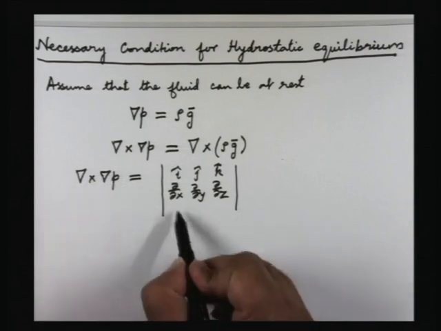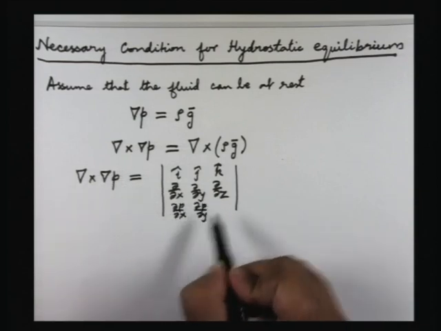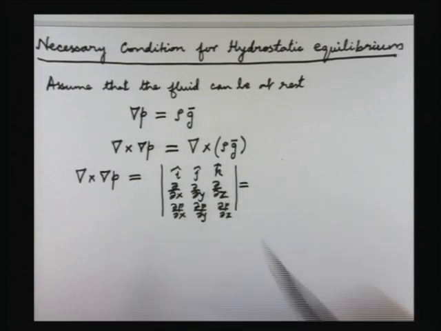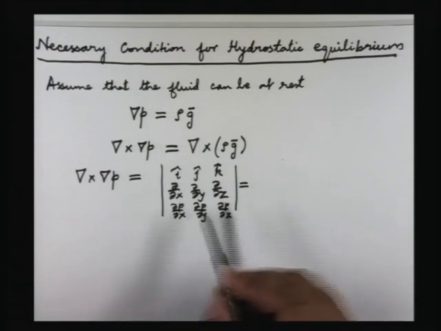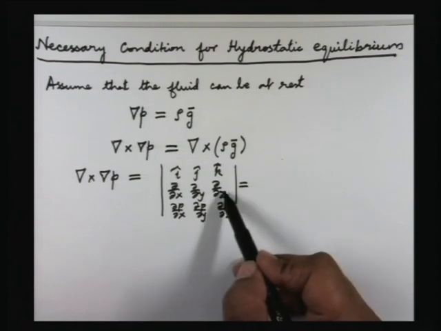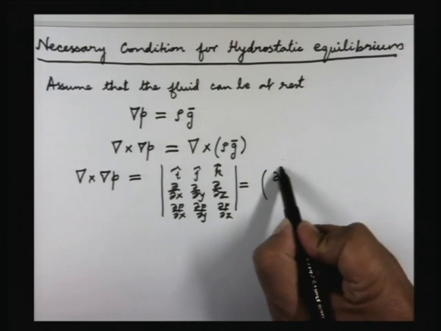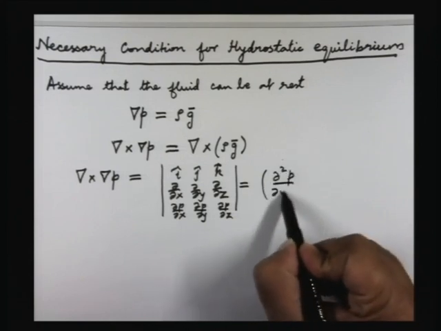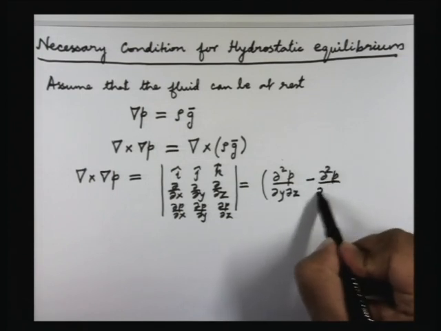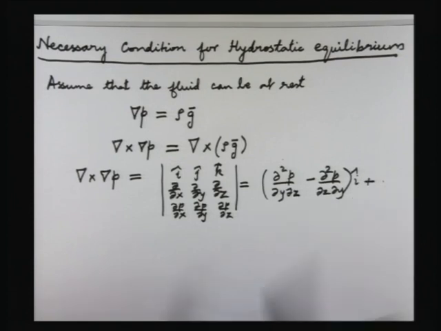Then grad P has elements del P del x, del P del y, and del P del z. Now, if you look at the I component here, you have del del y here operating on del P del z, and del del z here operating on del P del y. So, you are going to have del 2 P del y del z minus del 2 P del z del y I plus two similar terms.